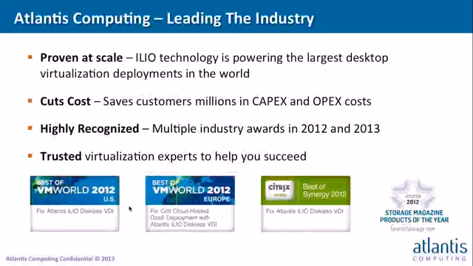We've seen multiple awards throughout the last couple of years, 2012 and 2013, at some of the biggest virtualization shows in the world, with Ilio being recognized at both Citrix and VMworld. And the team here is made up of virtualization experts. Everybody in the technical team has experience of delivering VDI or virtualization projects around VMware and Citrix.